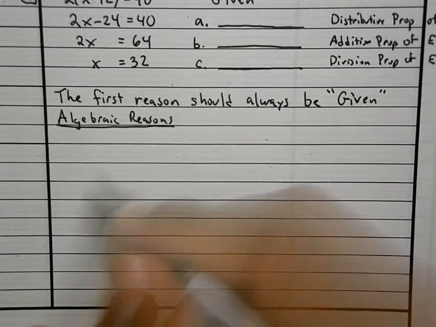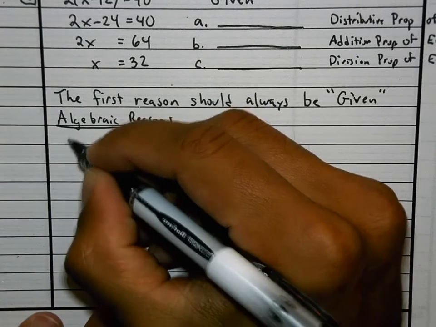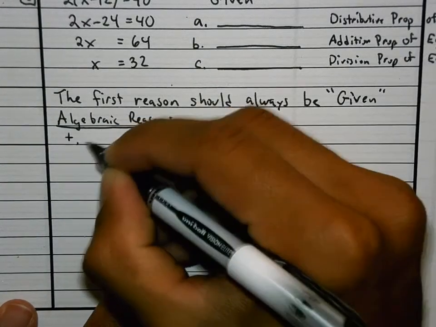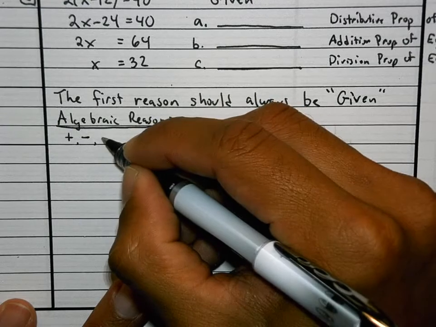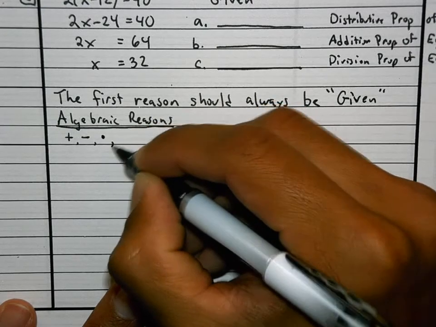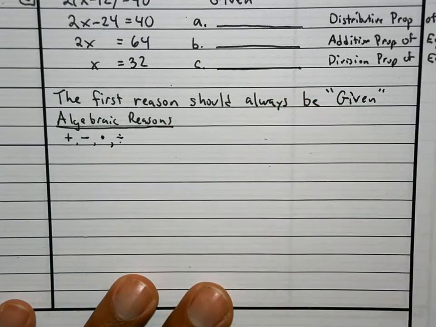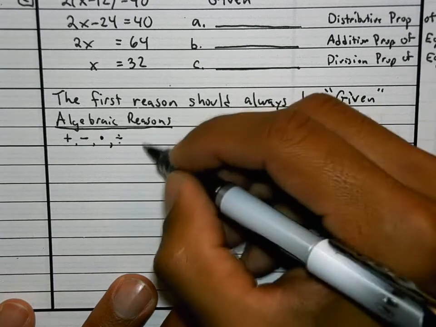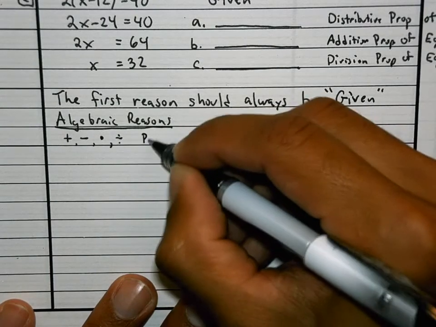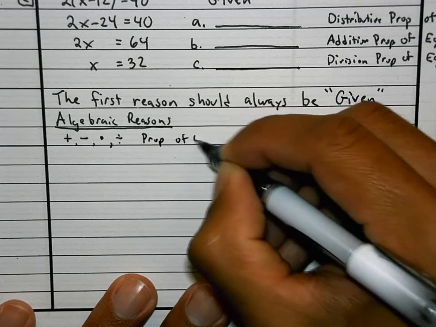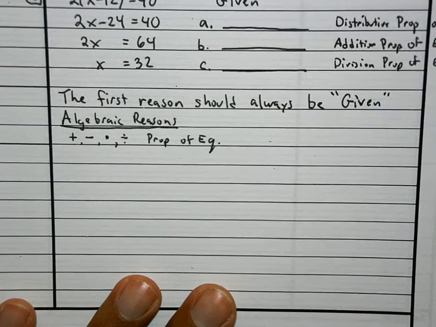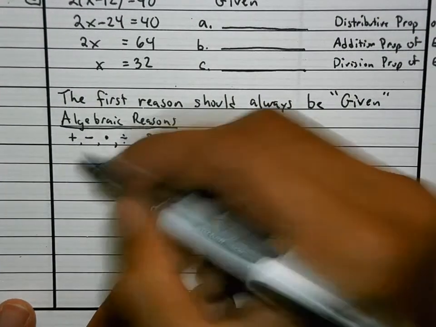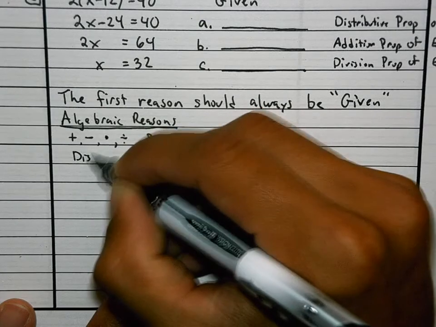You guys know the adding, subtracting, multiplying, dividing properties of equality. I believe those are common sense. I think you've seen the distributive property of equality.